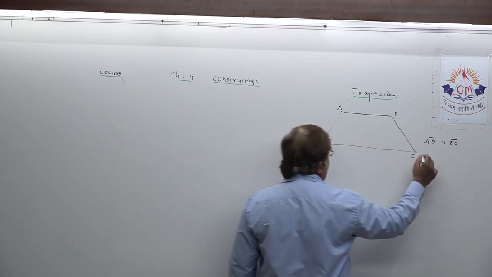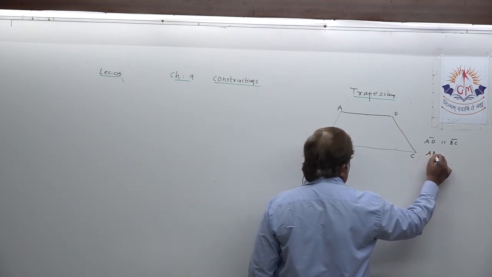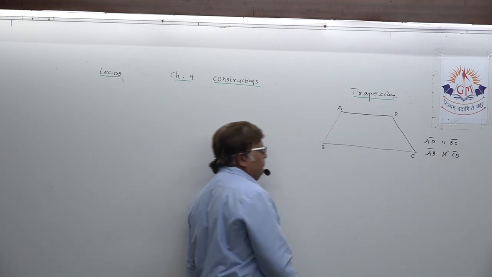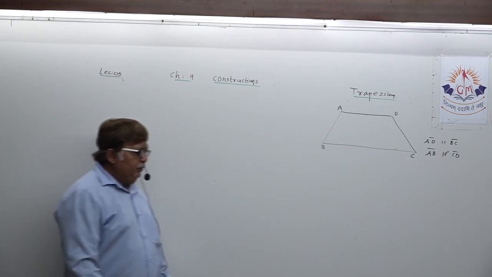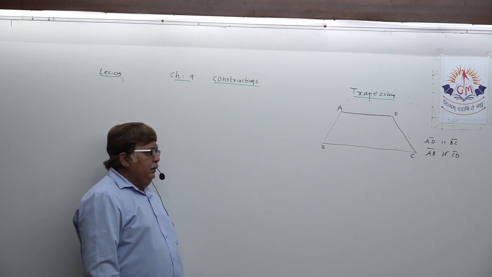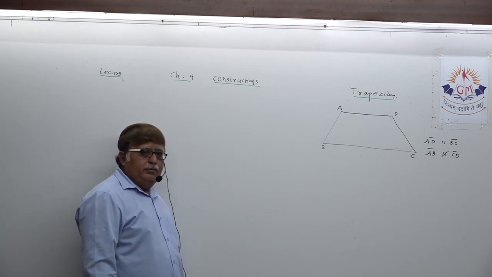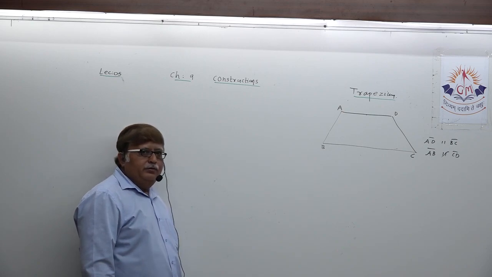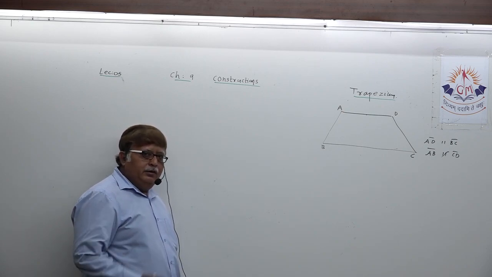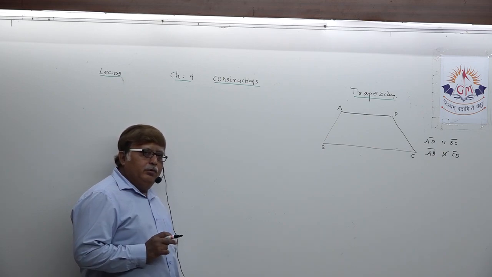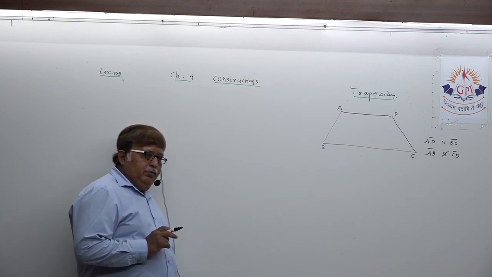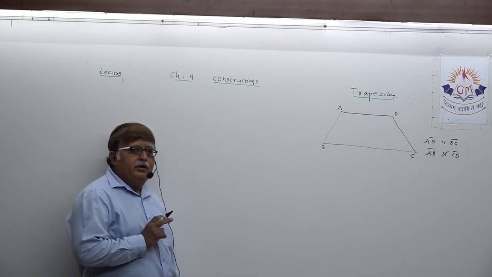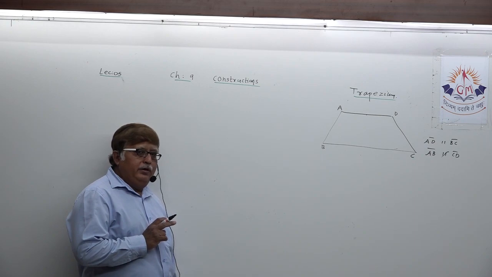But this pair of sides, that is AB and CD, are not parallel. So this property needs to be extremely clear in your mind when we construct trapezium. What is that? In trapezium, only one pair of opposite sides is parallel. Okay?